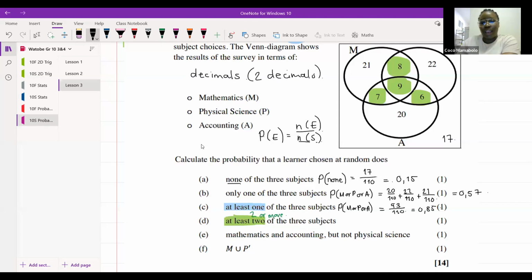Do I have 30? I think I've got 30. Yes, good. So the probability of at least 2 subjects is going to be 30 over 110, which is equal to, remember, we are writing our answers as decimals. So give me decimals.